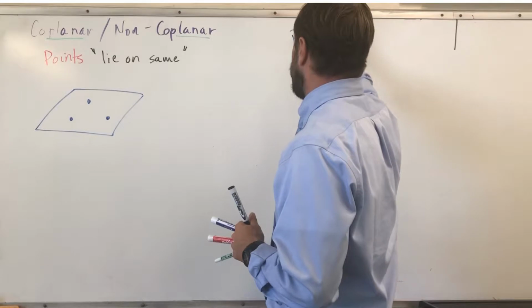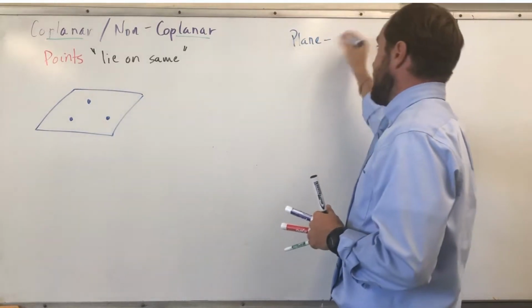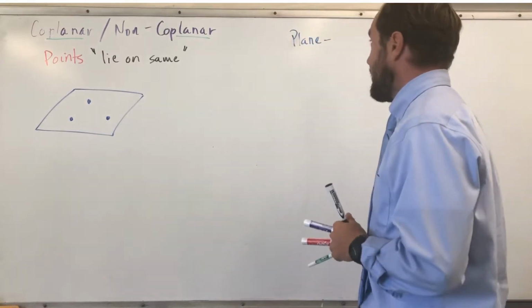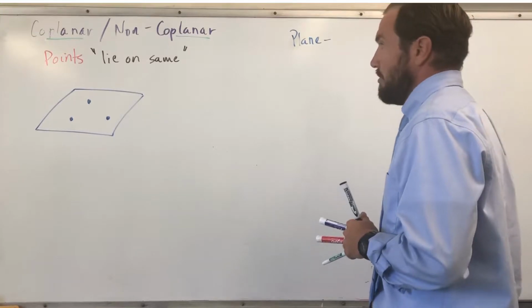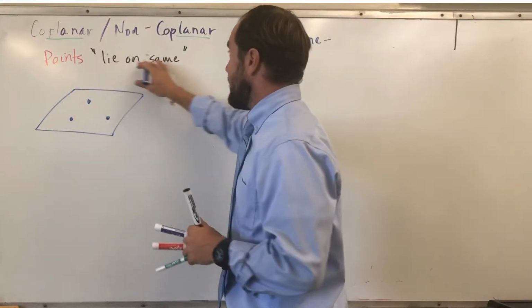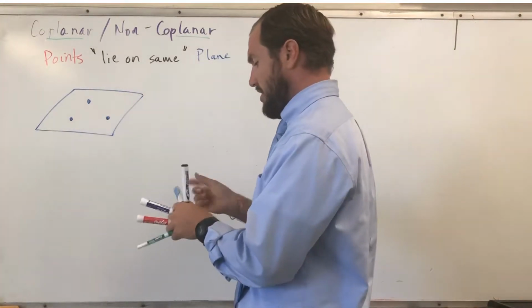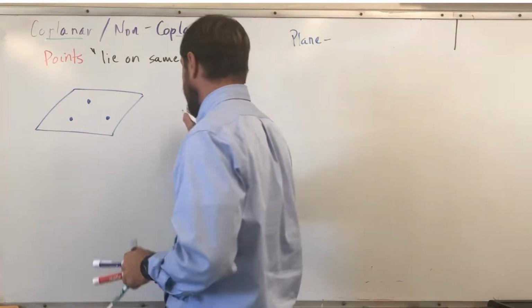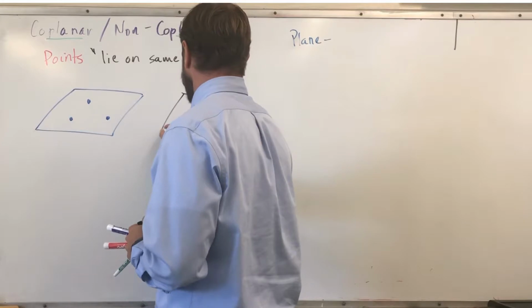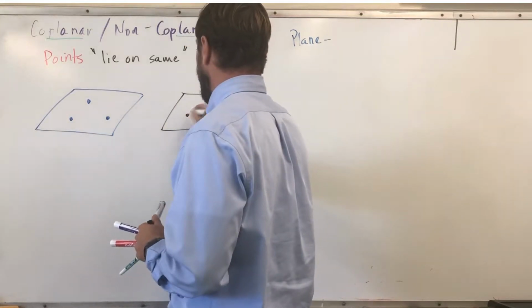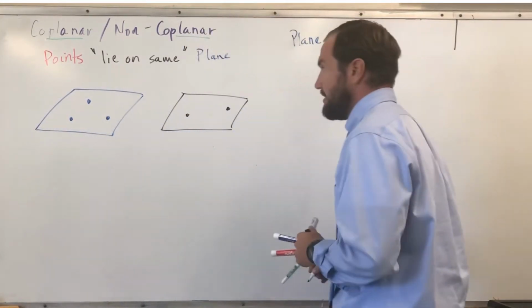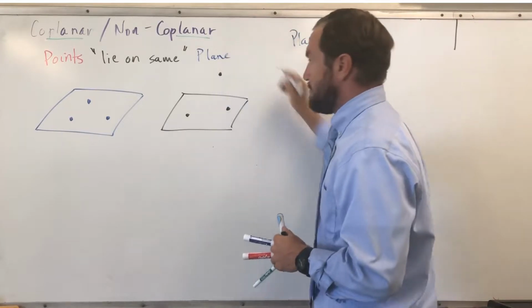I'm actually going to show you coplanar, non-coplanar, and develop our definition of plane with a cube. So this would be points lying on the same plane. If you want to talk about points not lying on the same plane, okay, let's draw a plane. And let's draw 2 points here, and then maybe 1 point in space.